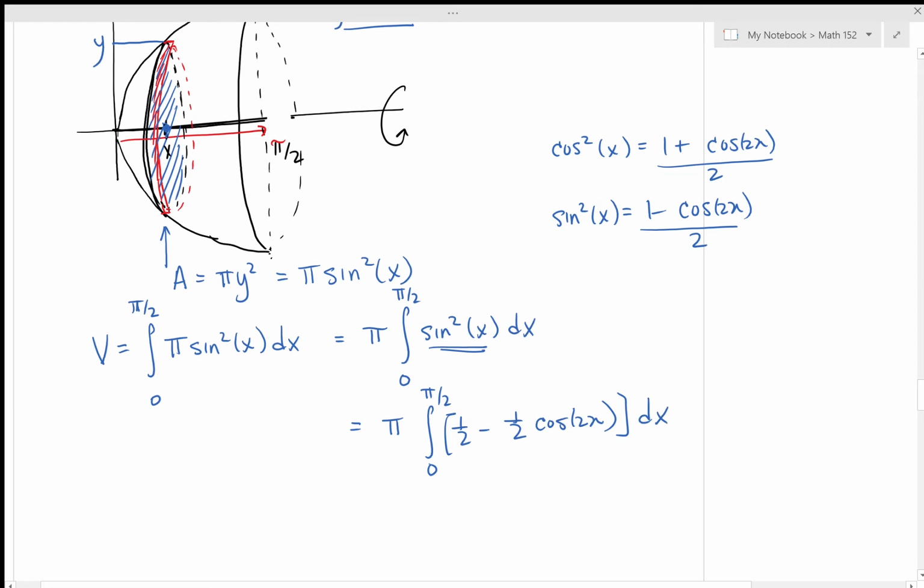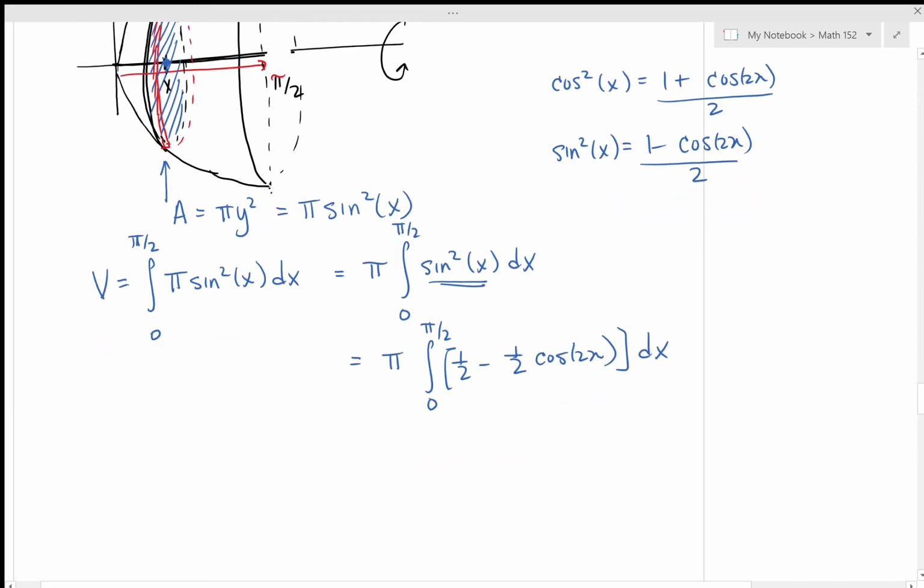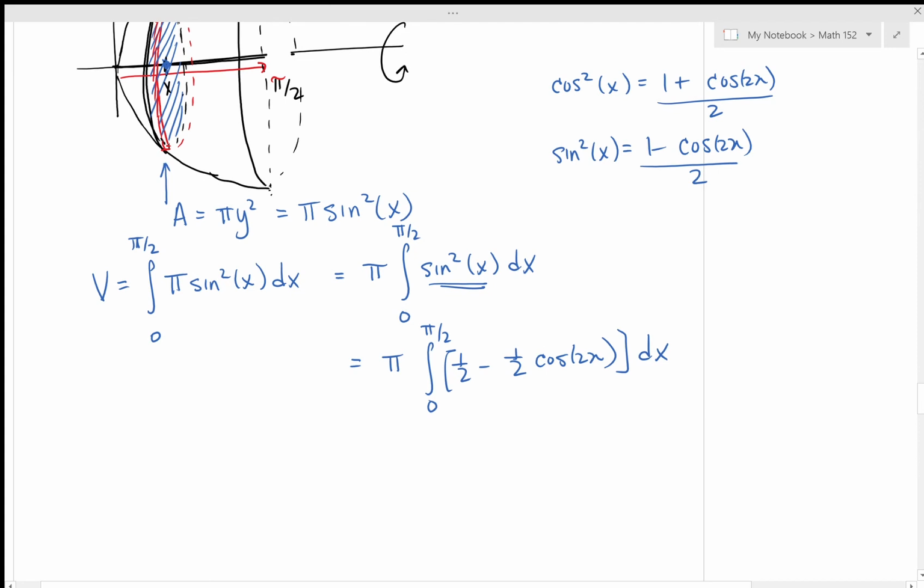We can integrate this by inspection and evaluate at the endpoints, and our problem is solved. Just for you to be aware, frequently on tests I will not ask you to go any further than this. It will be just like: set up the integral to find the volume, or set up the integral to find the surface area. We haven't seen how to do that yet.